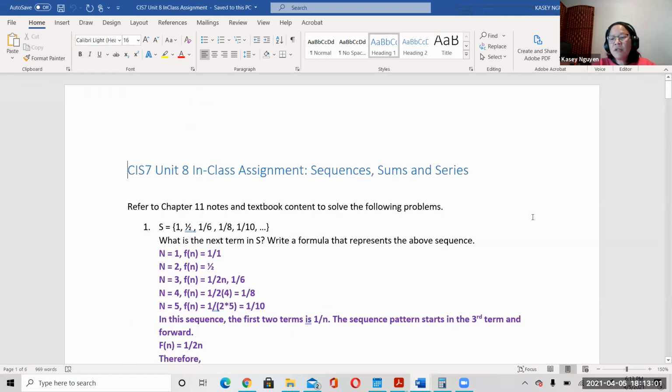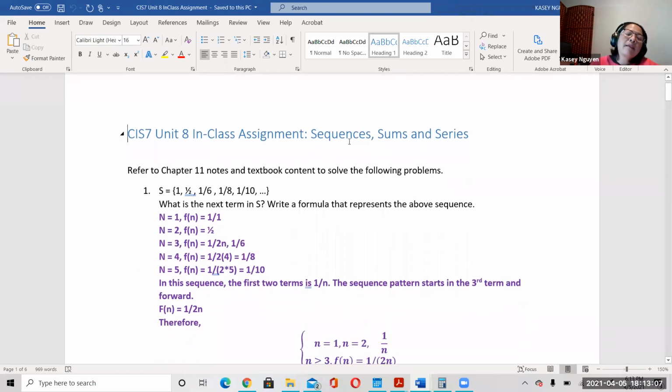In the first question of your assignment, it asks you to look at a sequence called S, and you start with the first value as 1. After 1, 1/2, 1/6, 1/8, we need to determine the following value.